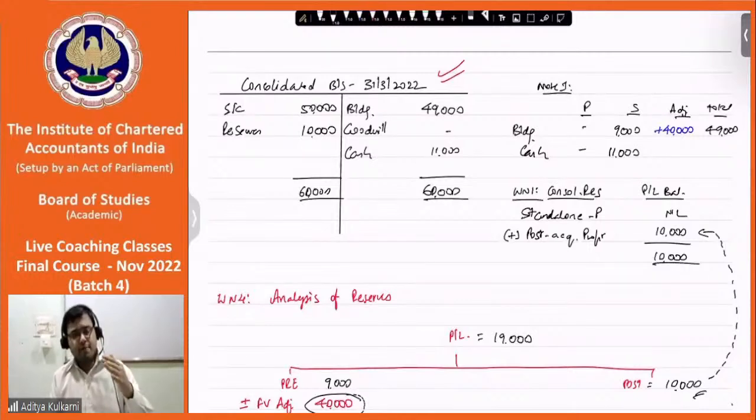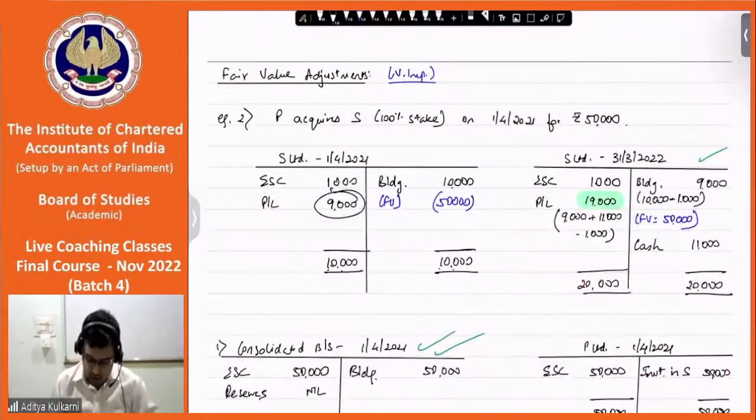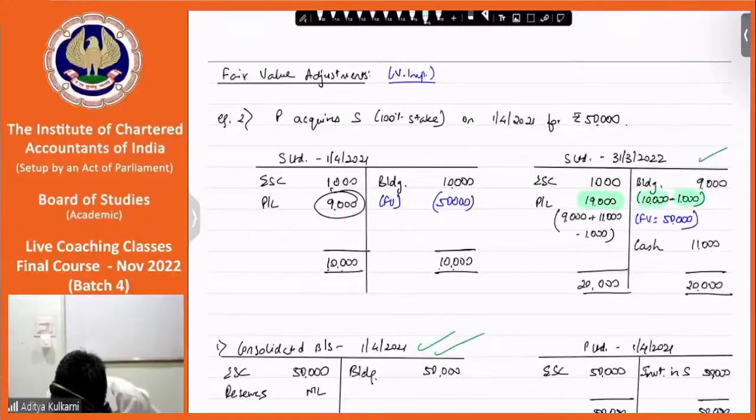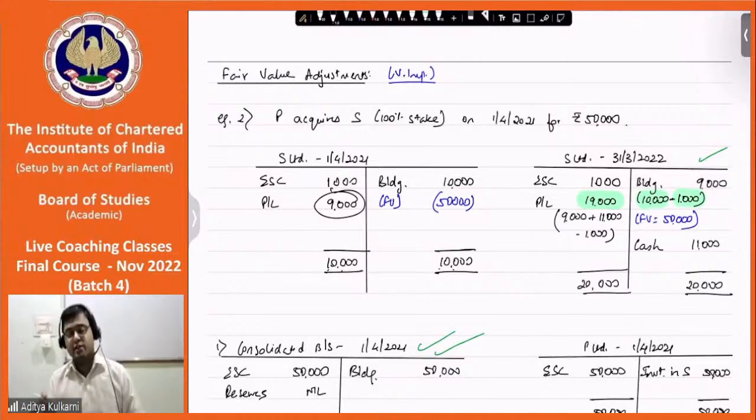1,000 rupees was the depreciation charged by the subsidiary on the cost of 10,000. Depreciation charged is 1,000. That means you have presumed that the life of the building is 10 years and done the depreciation.